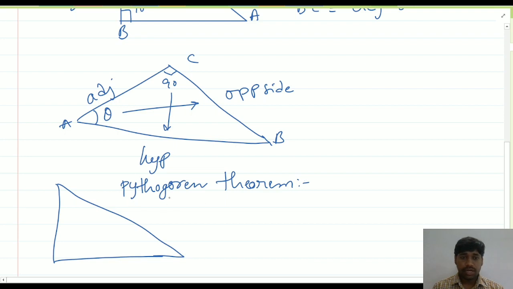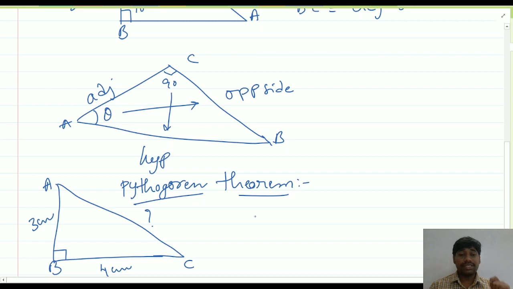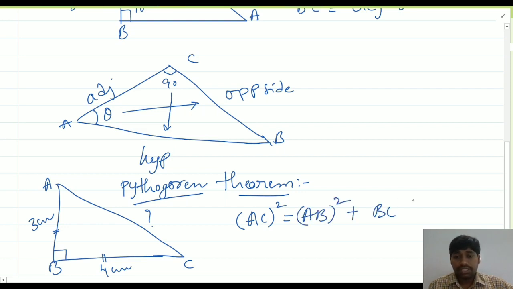What it says simply: this is A, B, C, a right angle triangle. 3 centimeter and 4 centimeter are the sides. What about AC? The Pythagoras theorem states that if two sides are known to us, then the third side, that is the hypotenuse, is such that hypotenuse square is equal to the sum of the squares of the adjacent sides of the right angle, that is AB square plus BC square.